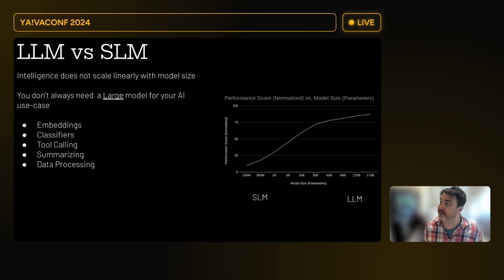It can, as I mentioned, call your tools, and it can summarize text, and it can do data processing. So small language models are what Jlama is built for, even though it can do large ones too.